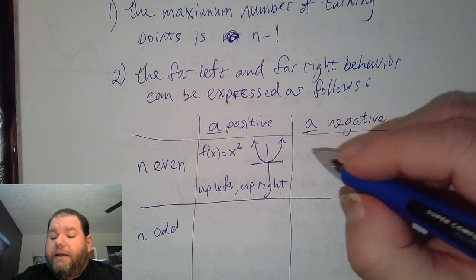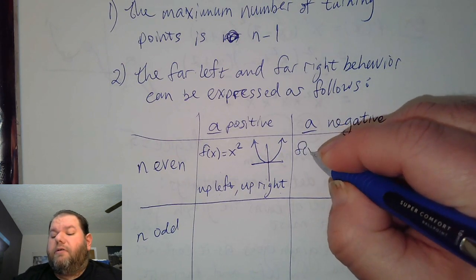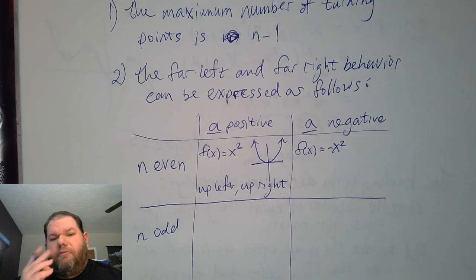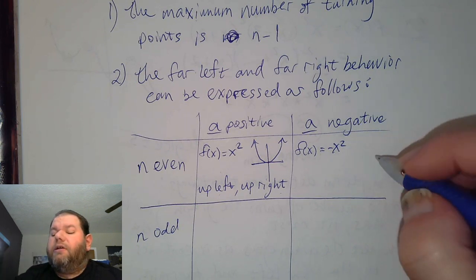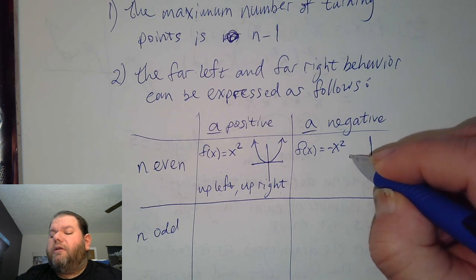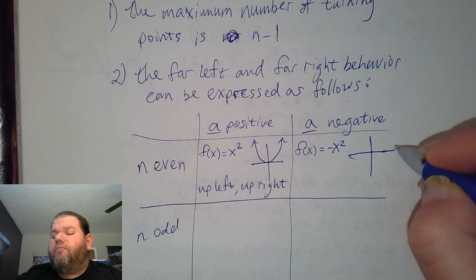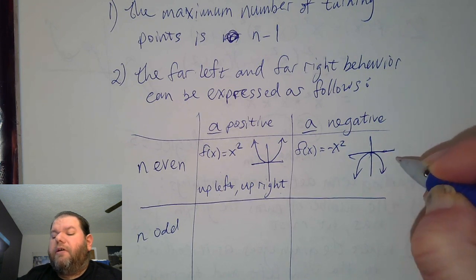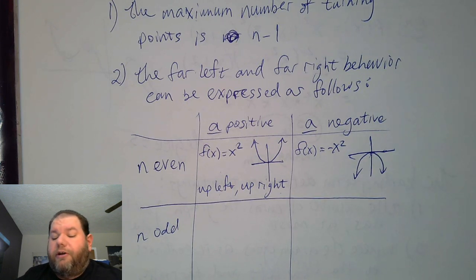If a is negative, like we have a negative x squared, remember a negative in front of x squared takes the whole graph and flips it over so it reflects down. And so we'll actually have a negative x squared graph, which is a downward opening parabola.